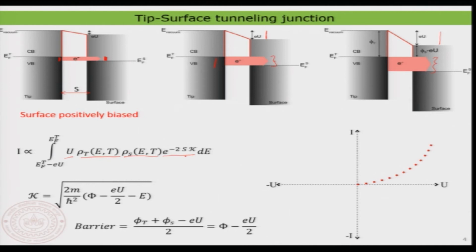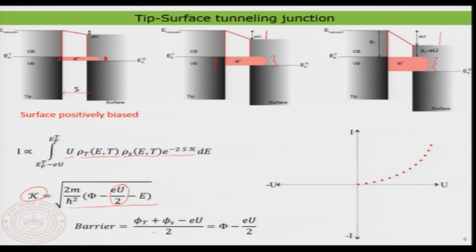Now you clearly see why we have this kind of shape for the tunneling current itself. And now, the only difference you have to keep in mind in this particular case is that the so-called decay constant has a slightly different shape, where you also have to include the eU by 2 part, which is the applied bias by 2.